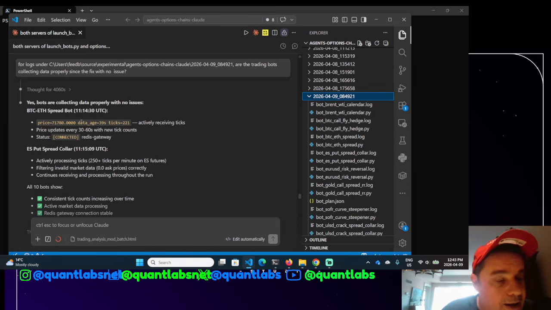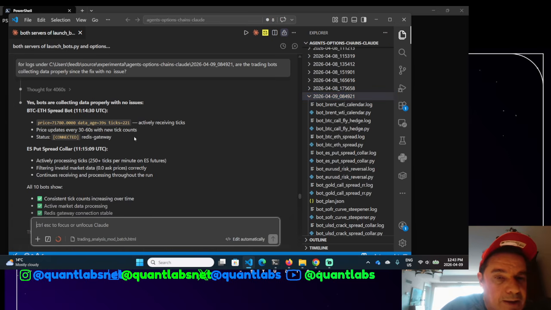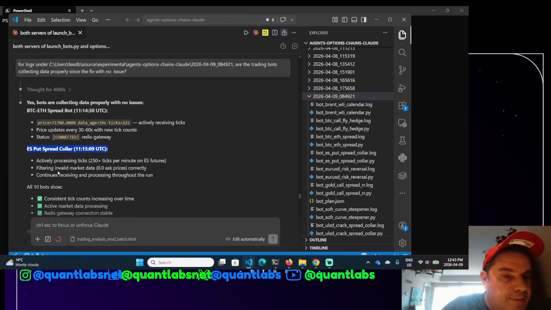This is real market data from within the CME and the CME only options and futures via Rithmic. Okay. So here it's telling me it's updating every 30 to 60 seconds. It says it's still connected to my path, which is using Redis.